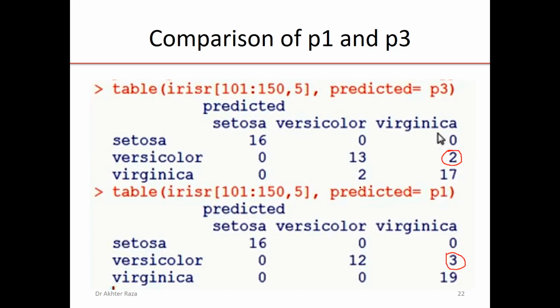No, one more misclassification we have here. The total number of misclassifications is 4 here, but in the previous model it was 3. So I think P1 is better as compared to P3, or model 1 is better as compared to model 3, because it has a slight variation in accuracy of the model.